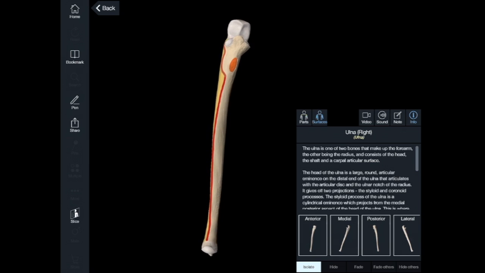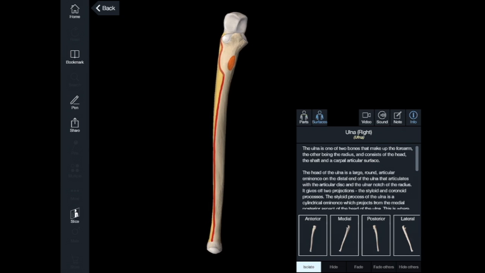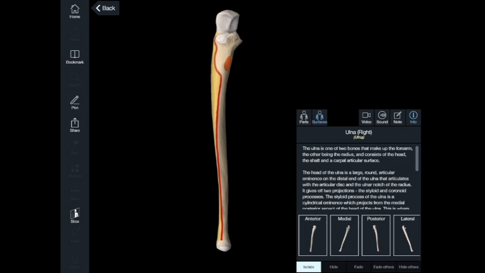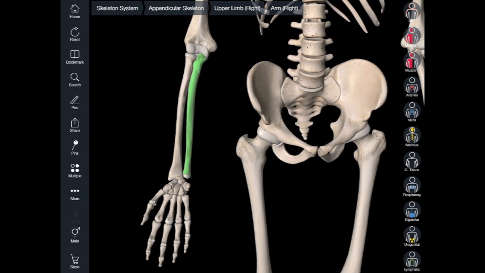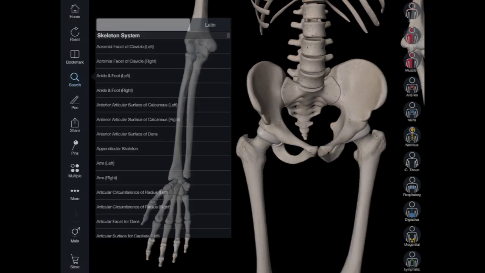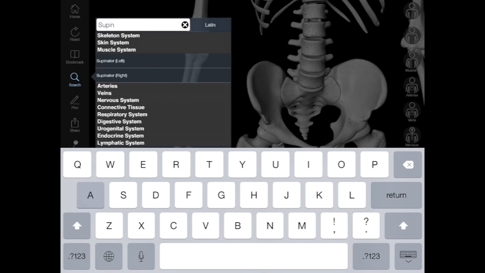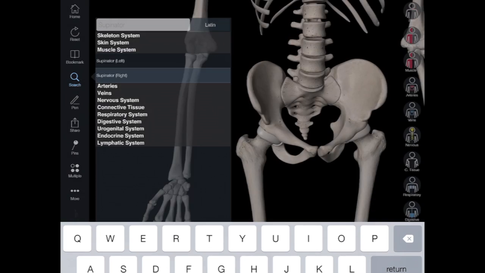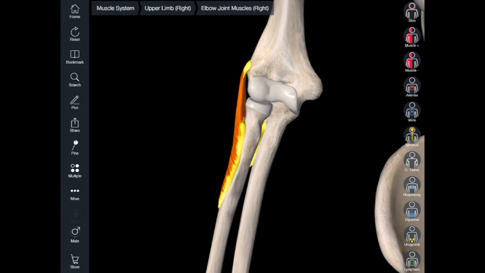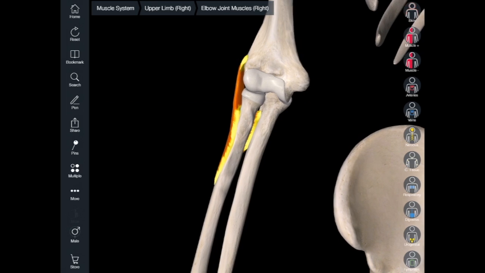And it's also important to know that below the radial notch we've got a crest which is called the supinator crest. The supinator crest gives the origin for the supinator muscle. Now today, to take a look at that, we're going to search for this muscle. Here is the supinator muscle.